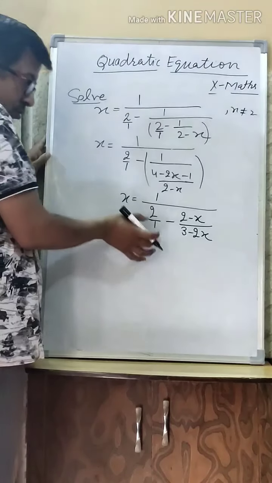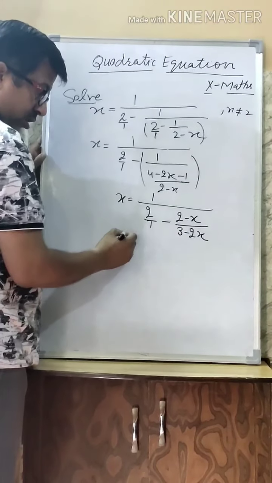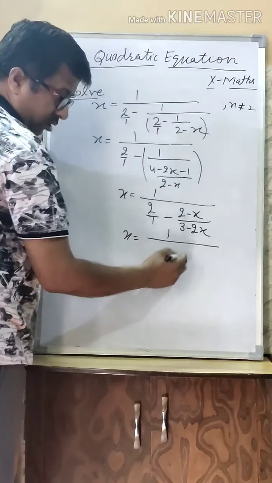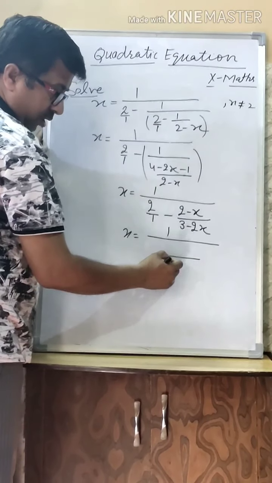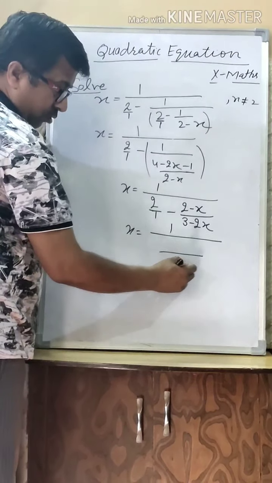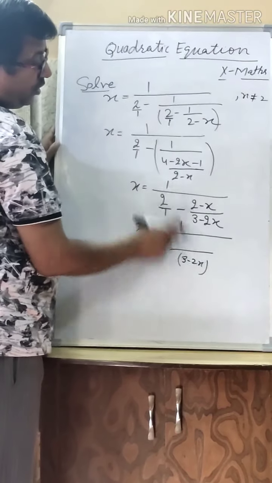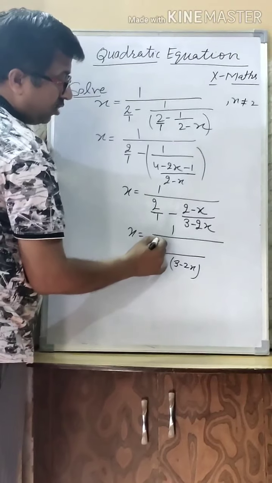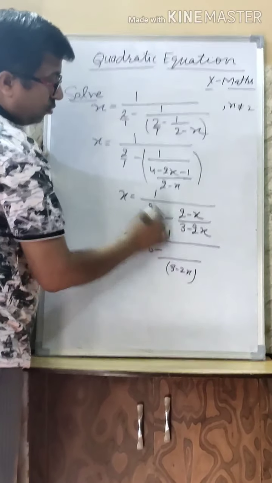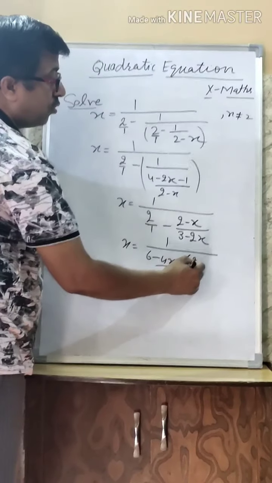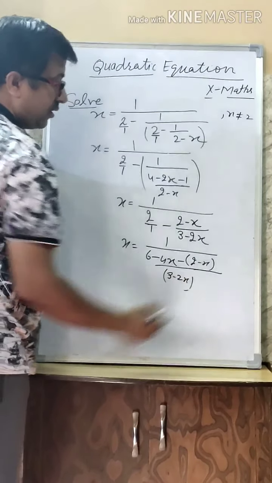Understand? Now again you see a fraction is there. Again you take LCM of these two numbers. LCM is 3 into 2 minus x, that is 6 minus 4x, minus of 2 minus x.